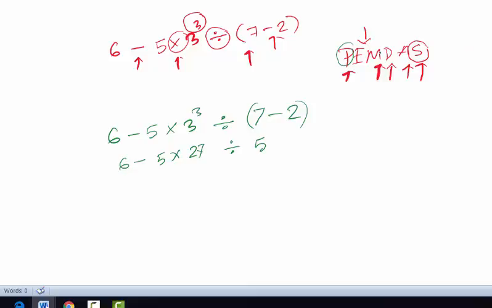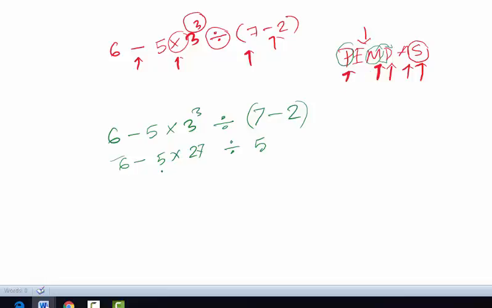Now the next operation is multiplication and the next is division. You can switch one another: you can do the division first then multiplication, or multiplication first then division. It doesn't matter, but whichever comes first, we do first.